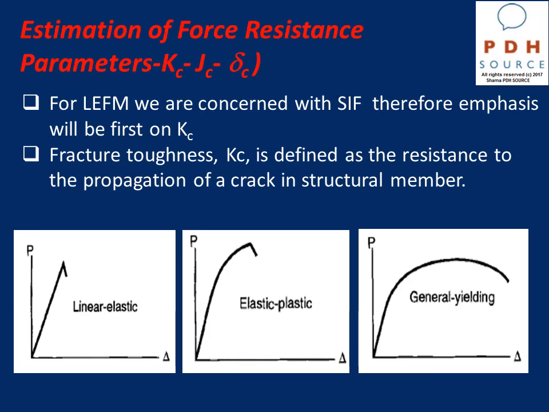Of course, this can be evaluated using lab experiments. So we can define the fracture toughness Kc as the resistance to the propagation of a crack in a structural member.